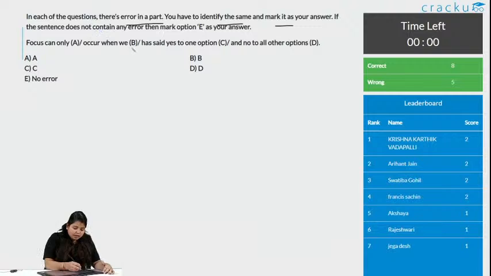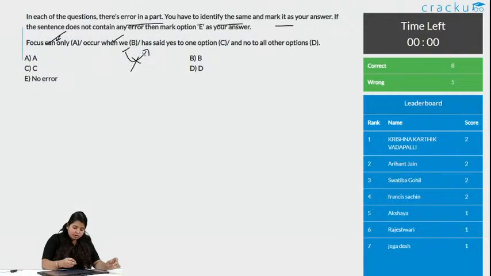Focus can only occur when we has said yes to one option and no to all other options. Can you find a problem here? Focus can only, no, it's correct. Occur when we, okay, till then no problem. So if we are using we, will there be has?